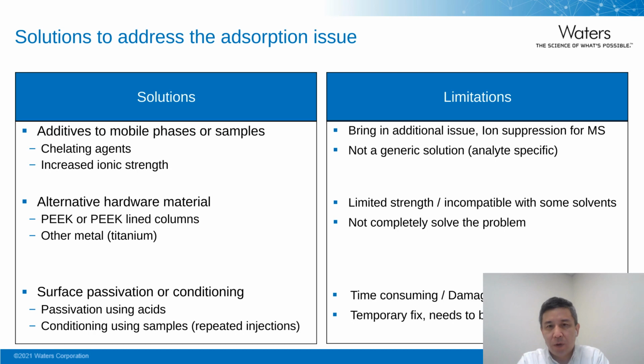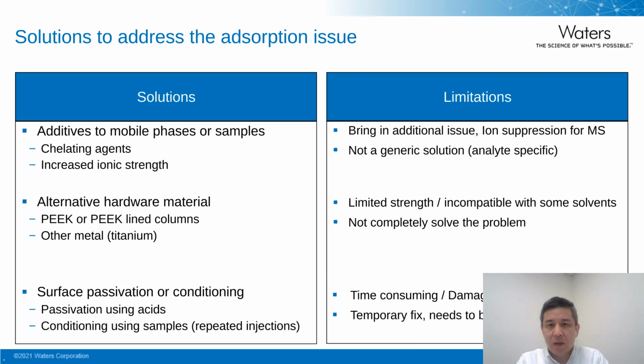Another approach is to use alternative hardware materials. People use PEEK or PEEK-lined columns to try to eliminate the adsorption. And also people use titanium alloys instead of stainless steel to try to solve the issue. The limitation to the PEEK material is that it has limited strength and is not compatible with some organic solvents.